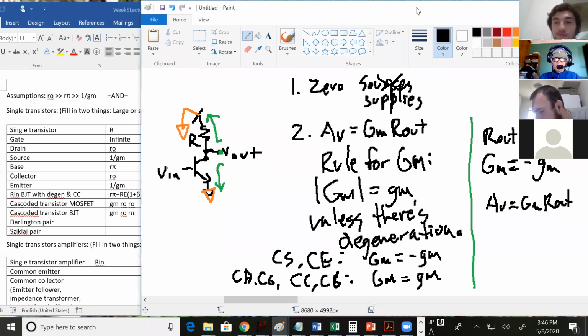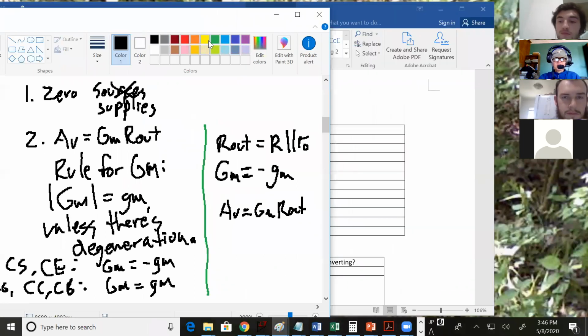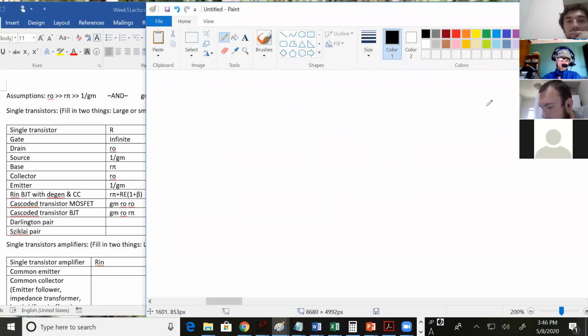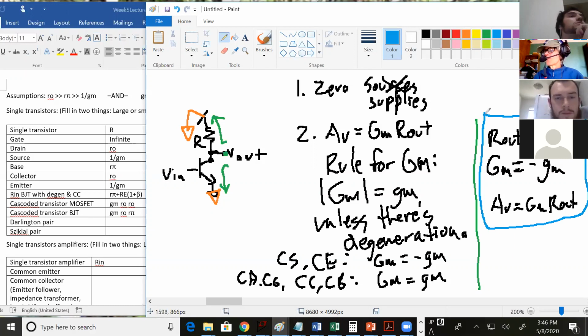I have a couple more things just to make sure you have the same information as the other class. Let me give you another one of these problems, and I know it's on the homework. So that's the gain. Let's mark this down. For a common emitter with a passive load, your gain is minus gm times R in parallel with ro.